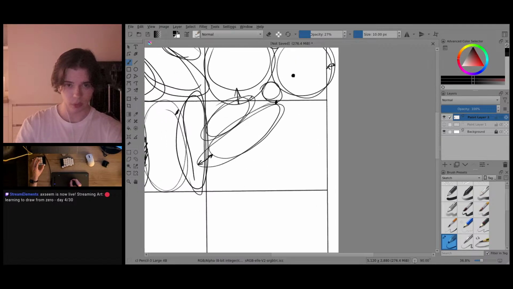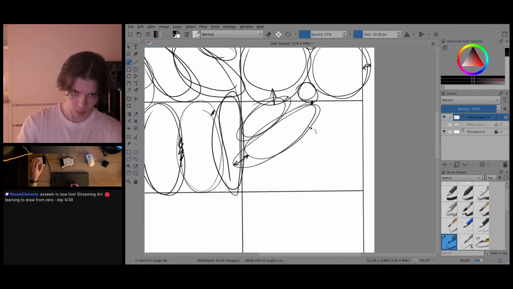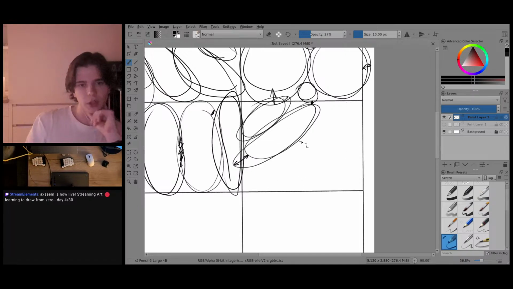Oh, this is a difficult one. I feel like I'll do it this way. I don't even quite see how I fit it, right? Because this ellipse goes too much into the center. I can't get these two lines touching the ellipse at the same time.